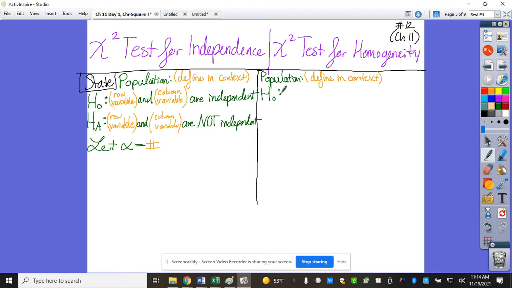For homogeneity, what we're actually doing is comparing two different things and seeing if the distribution of that one thing between two different groups is the same. We're dealing with categorical variables, so I'm trying to think through that.